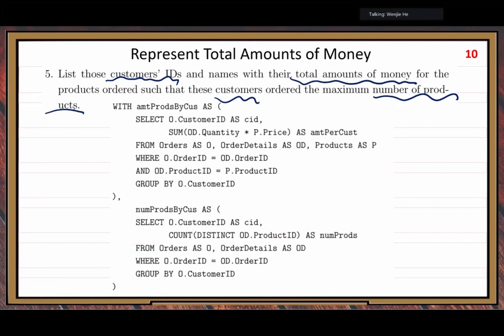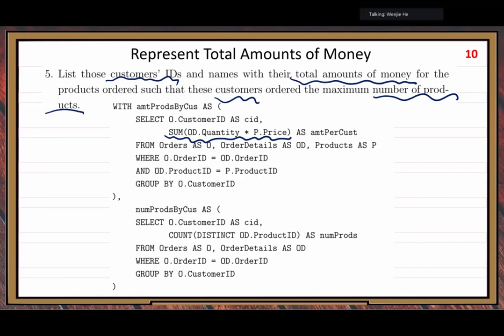Here, first temporary table, you calculate the money, the calculation, quantity times the price. Order details table. Because for each order, there are several rows.